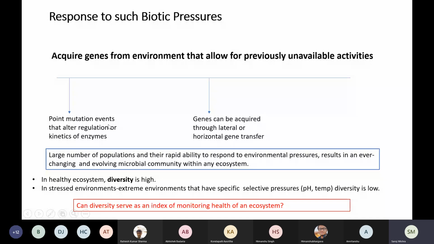Maybe its kinetics is changed or its Km is now decreased, so it is able to bind to that substrate far more effectively. And as a result of that binding, the rate of reaction is going to be increased. So now this Pseudomonas is able to compete in that environment. It is able to metabolize naphthol, so it can compete with other kinds of microorganisms which are able to break it down. Therefore, it can survive.